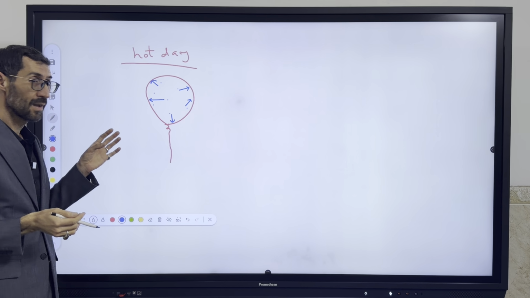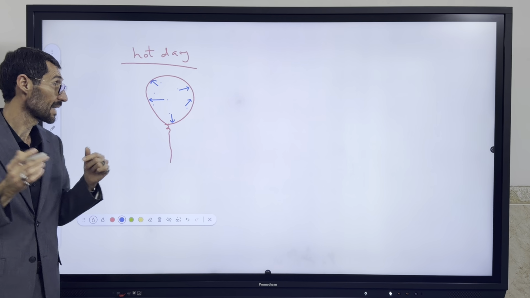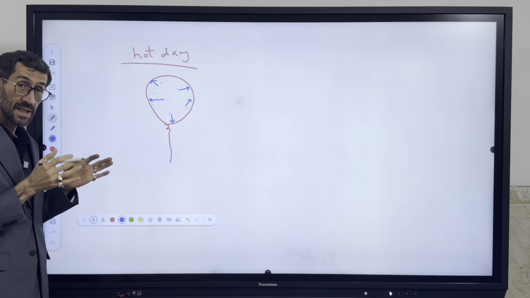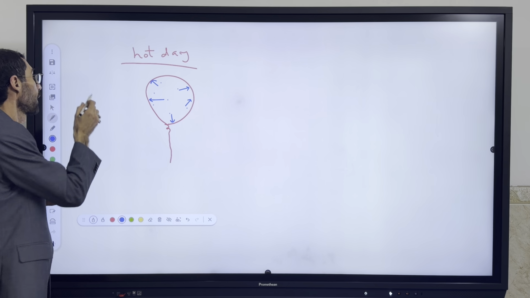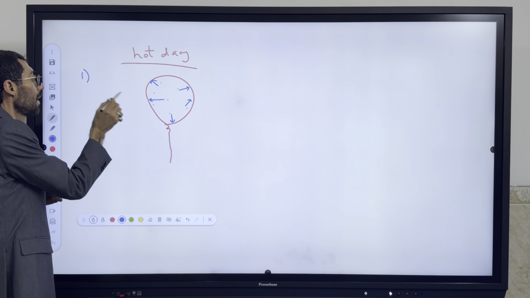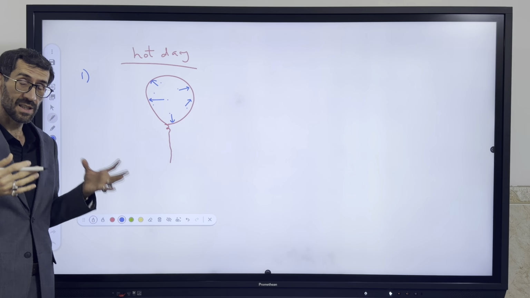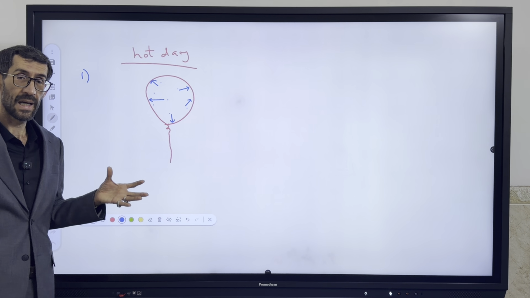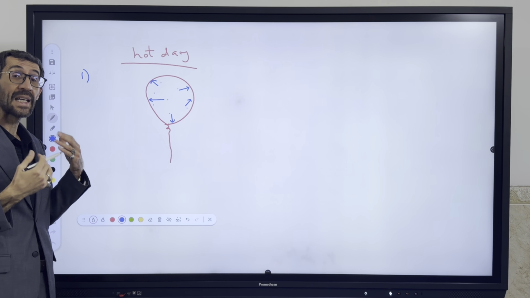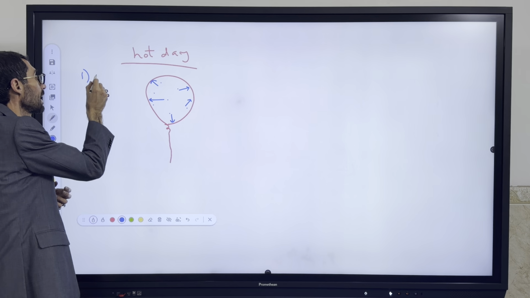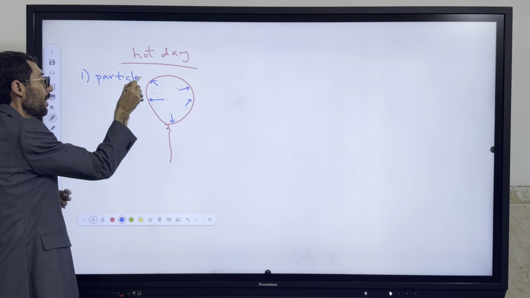So, firstly, velocity of the particles increases, or I can say, what are the consequences of rising temperature on the balloon? Firstly, I can say particles speed up. What do I mean by particles speed up? Mean they move faster. Velocity or speed of the particles increases. Particles speed up. The first consequence or the first outcome.